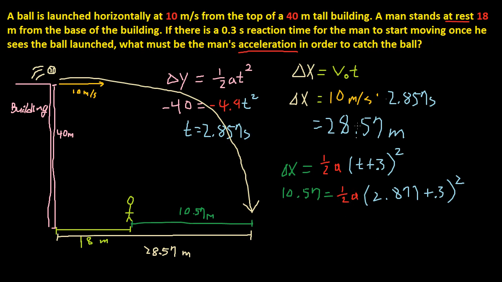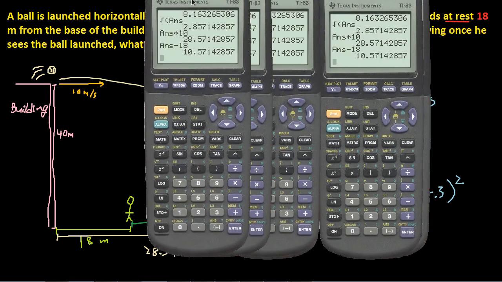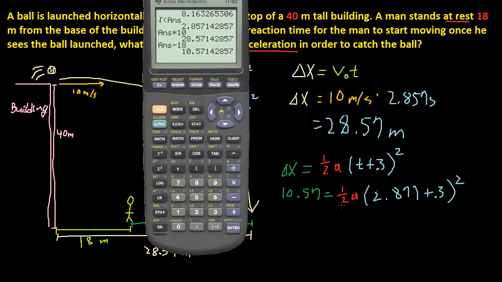Now let's isolate a and simplify. We have 10.57, and we can get rid of the 1/2 by multiplying 10.57 by 2. Now we can divide this by 2.857 plus 0.3, squared.